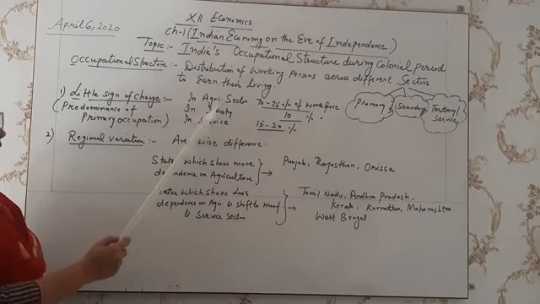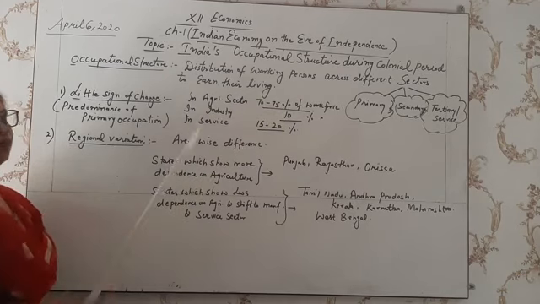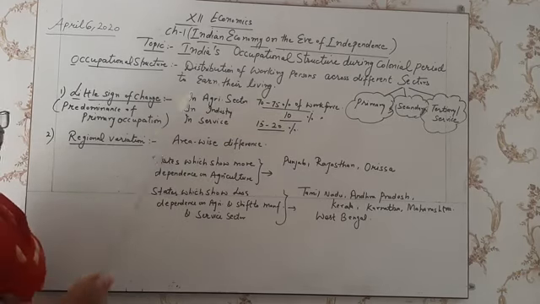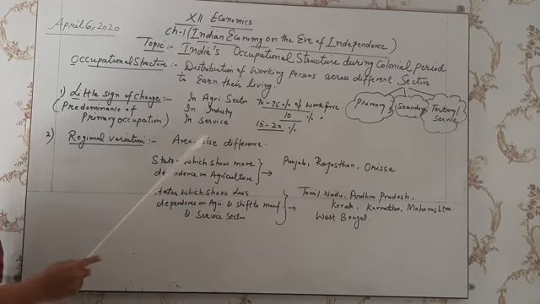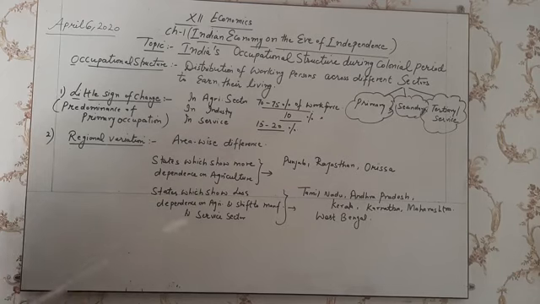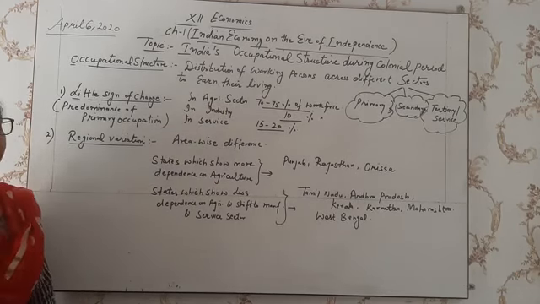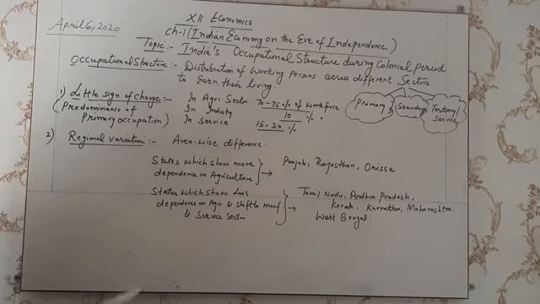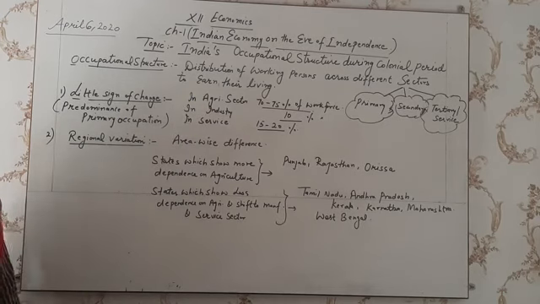So in the agriculture sector, how much percentage of the workforce was dependent? 70 to 75%. In the secondary sector only 10%, and in the service sector 15 to 20%. What can be said about this? Dependence on the agriculture sector was very high. So occupation structure doesn't show a sign of change, meaning a shift from agriculture to industry or service sector was not there.